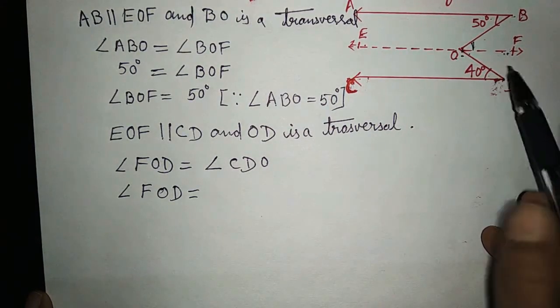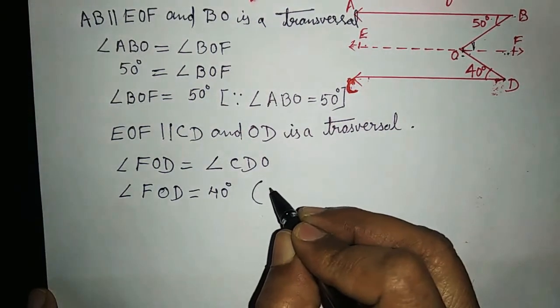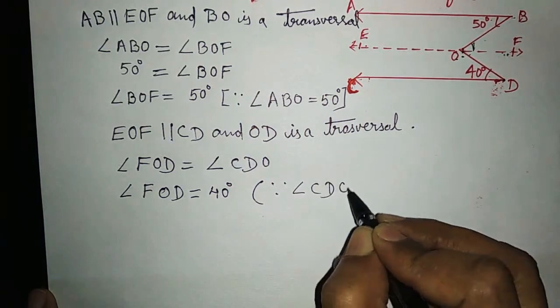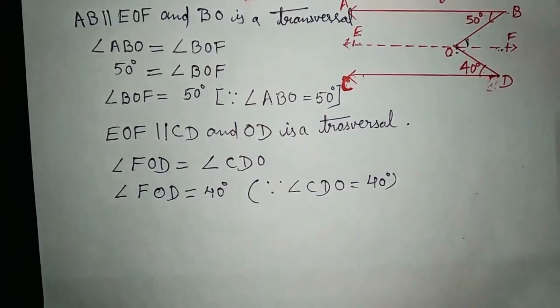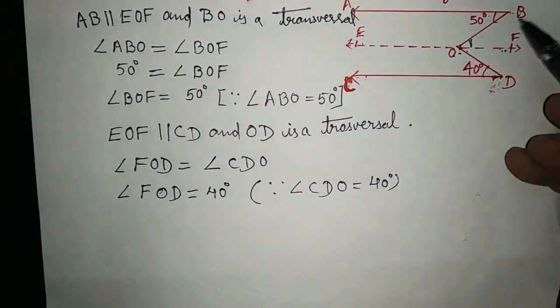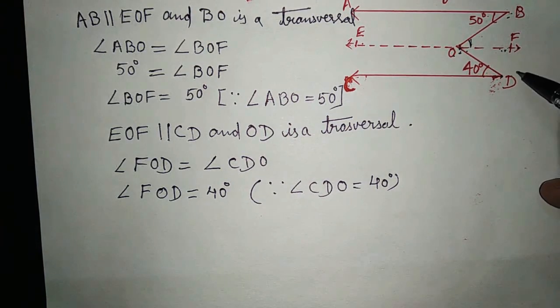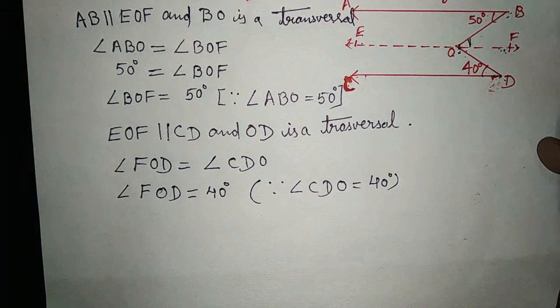How much is given? 40 degrees. Here in brackets we will write since angle CDO is equal to 40 degrees. Now we have got the measure of angle BOF, we have got the measure of angle FOD, and we want to find here the measure of angle BOD.